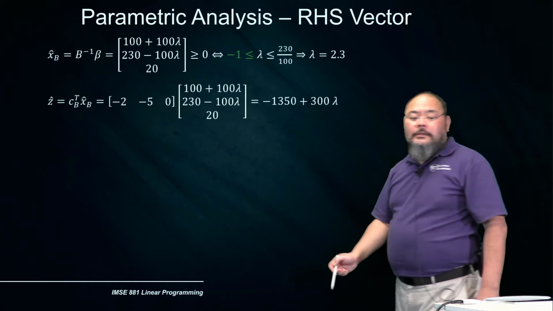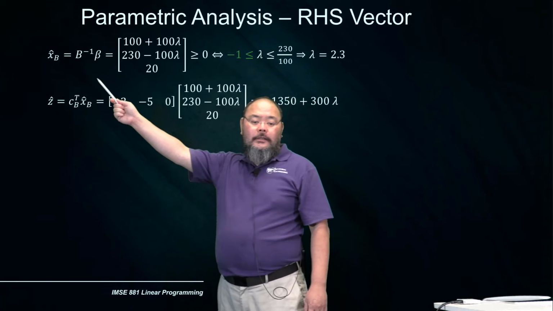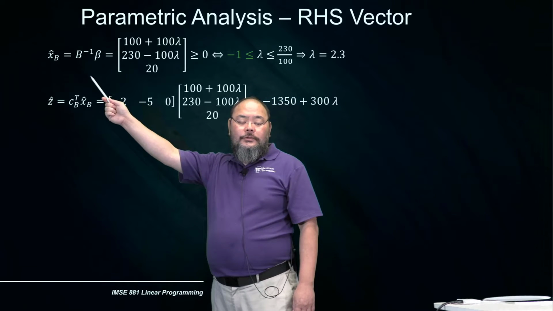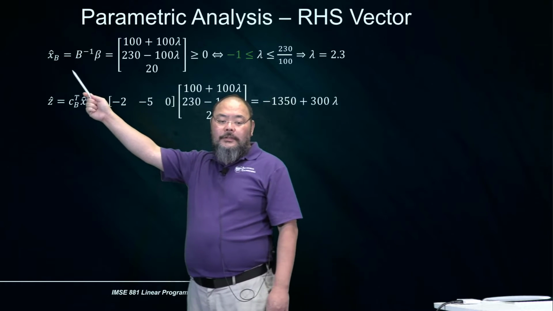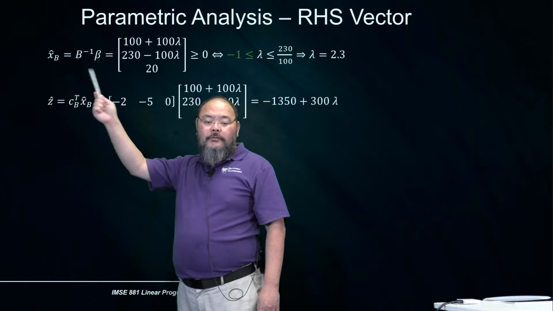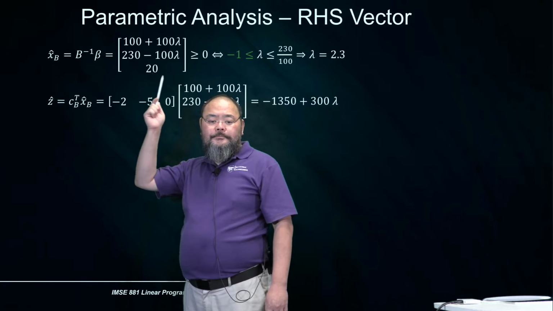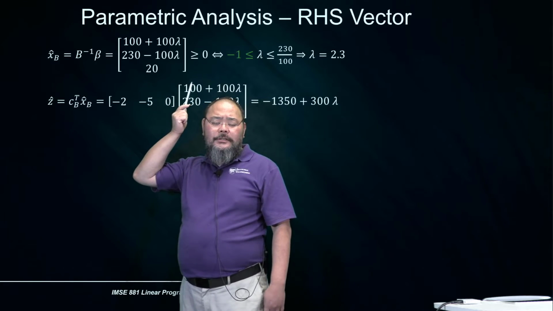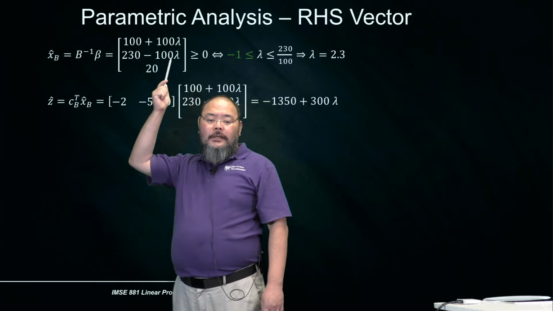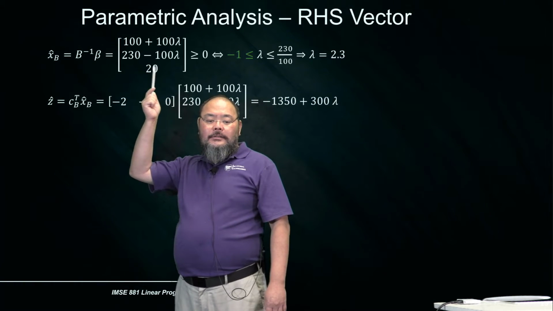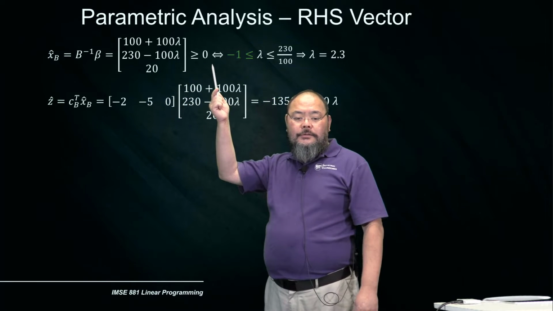Let's see how this gets calculated. XB hat, the new basic solution, equals B inverse times beta, and has to be greater than or equal to 0. So it's 100 plus 100 lambda, 230 minus 100 lambda, and 20, all greater than or equal to 0.